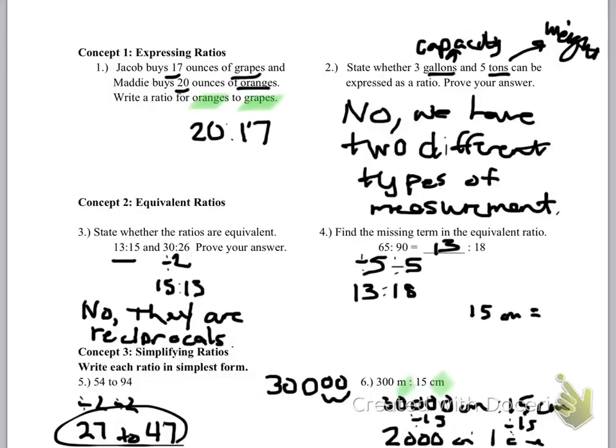And I'm going to move my decimal 2 places to the left. And I'm going to get 0.15, which is 15 hundredths. So if I wanted, I could say I have 300 meters, and I have 15 hundredths of a meter.